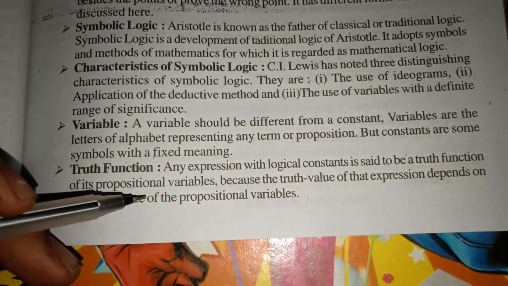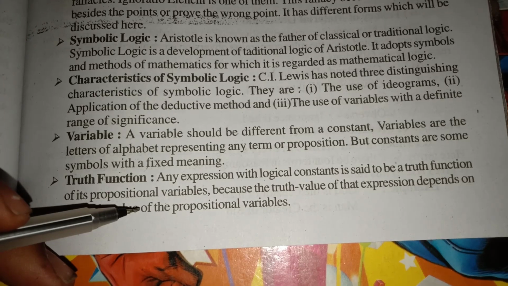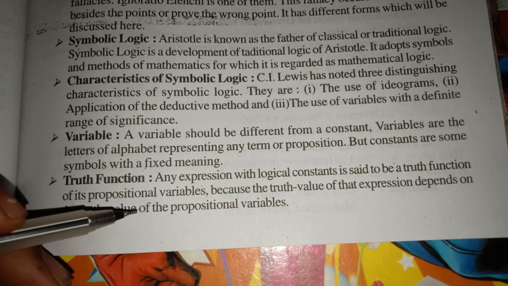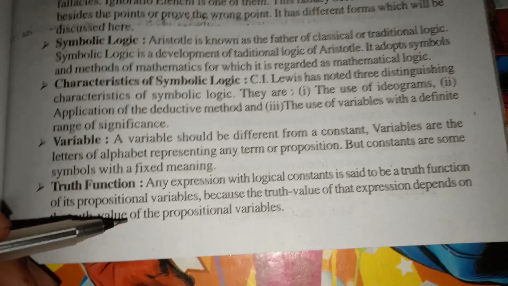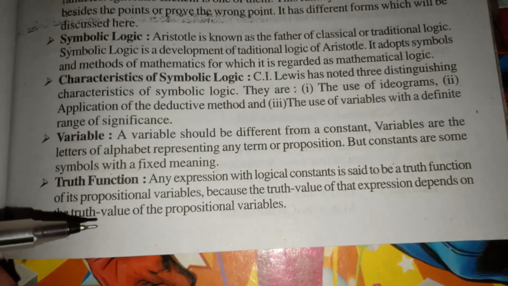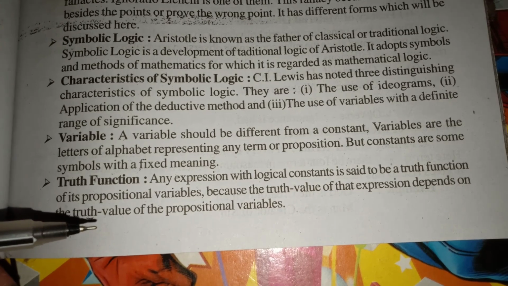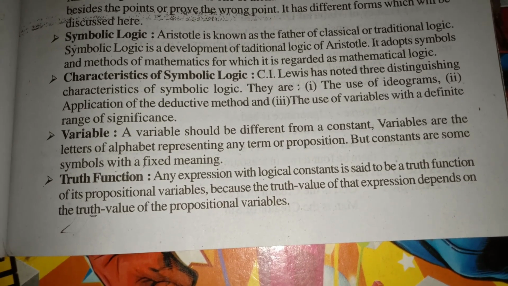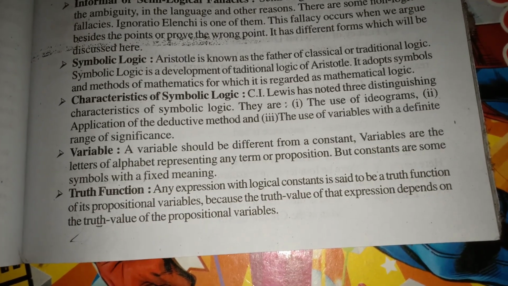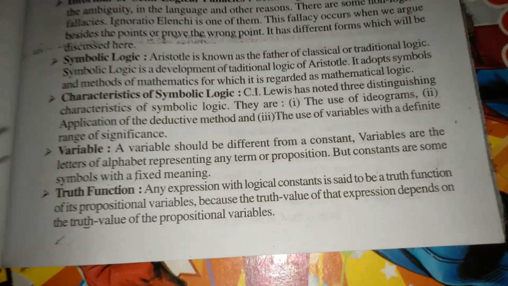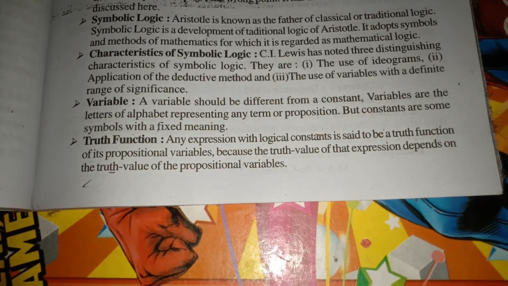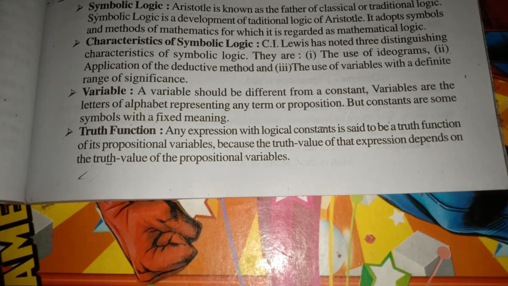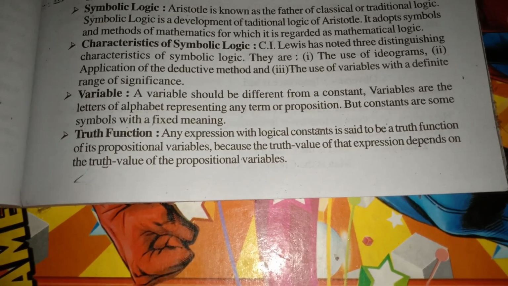Any expression with logical constants is said to be a truth function of its propositional variables, because the truth value of that expression depends on the truth value of the propositional variables.